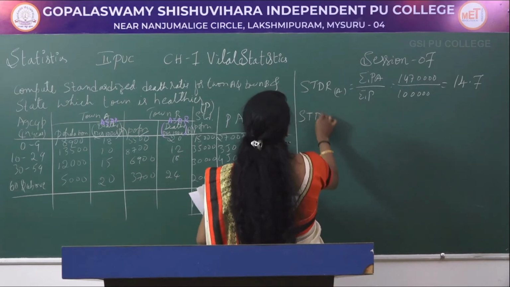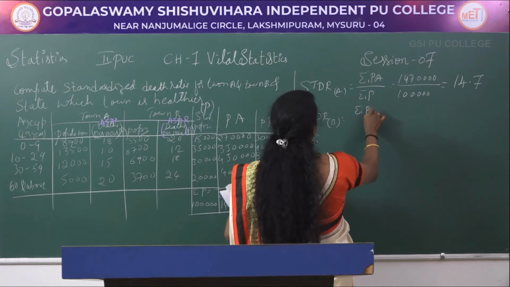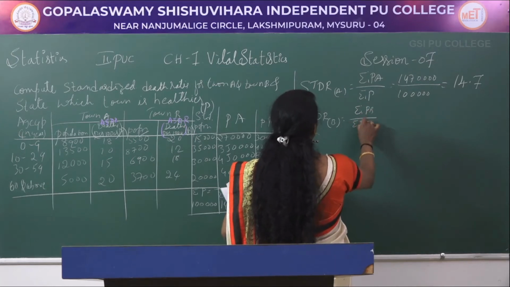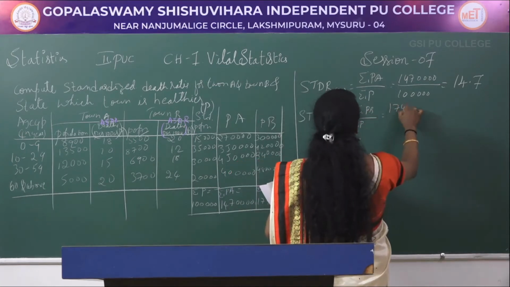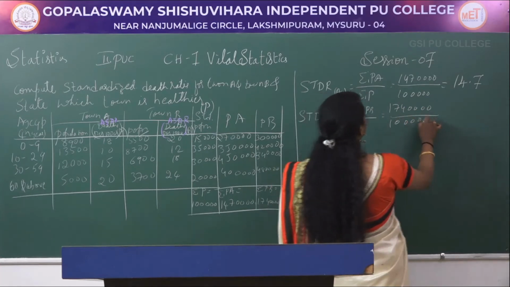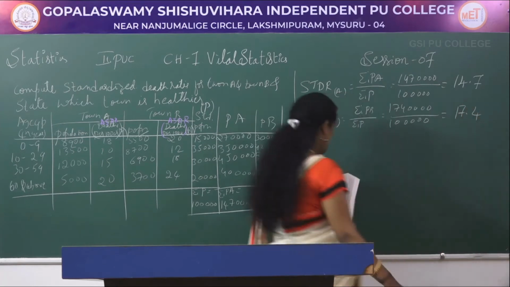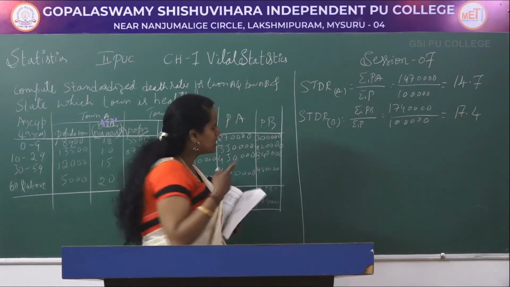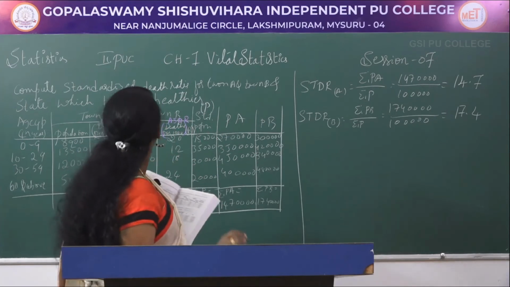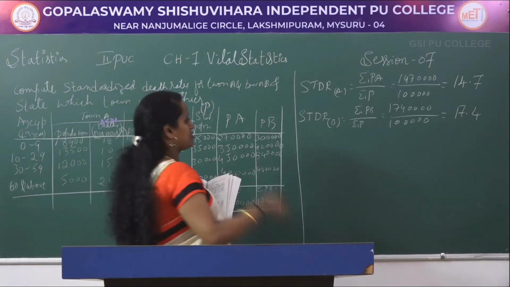Similarly, for town B, this is summation of PB by summation P, which is 174,000,000 divided by 1 lakh, and this is 17.4. Okay, you compare these two standardized death rates, and we have to state which town is healthier.